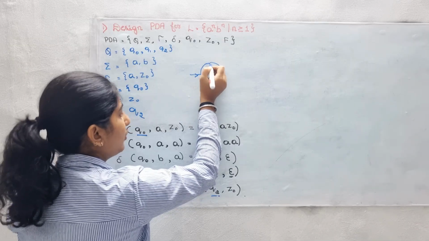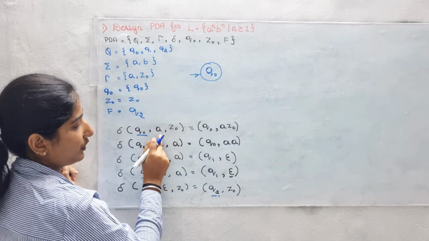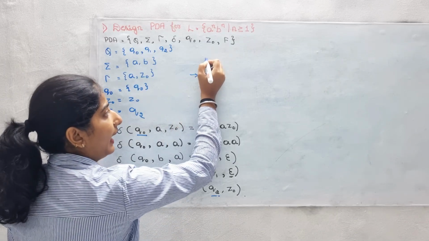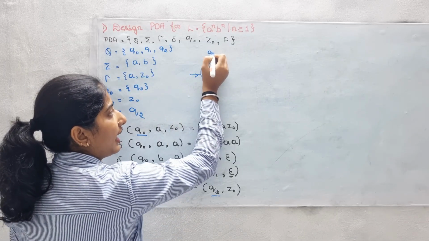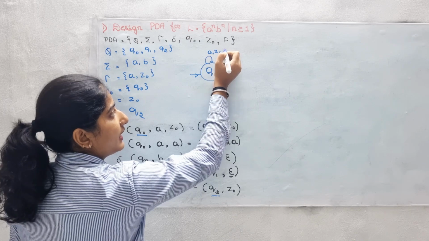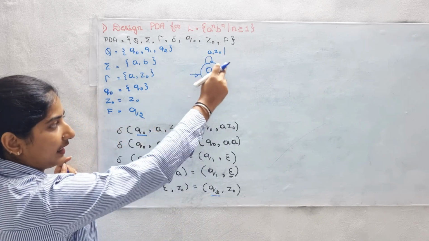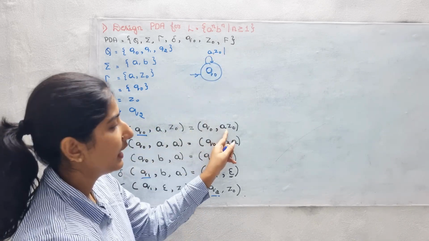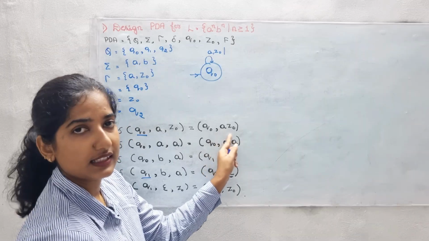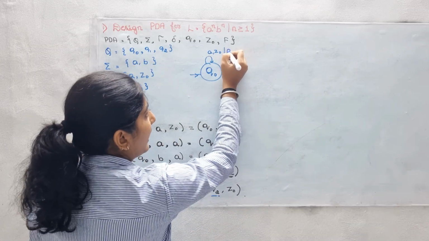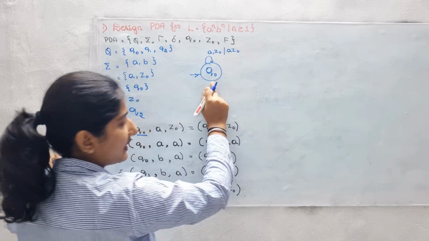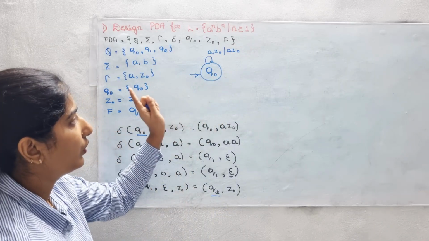Initial state: Q0 on input symbol A and having top of stack Z naught. We have to represent it like this. It will have the stack as A Z naught and it will remain in state Q0 only.